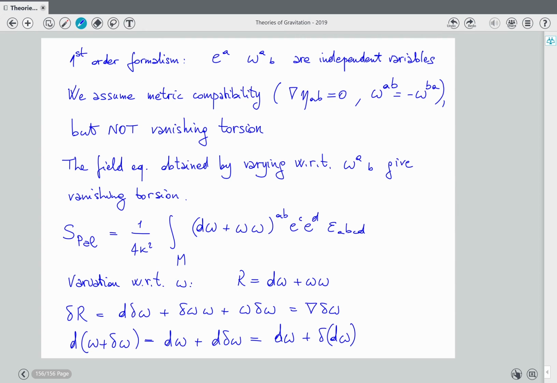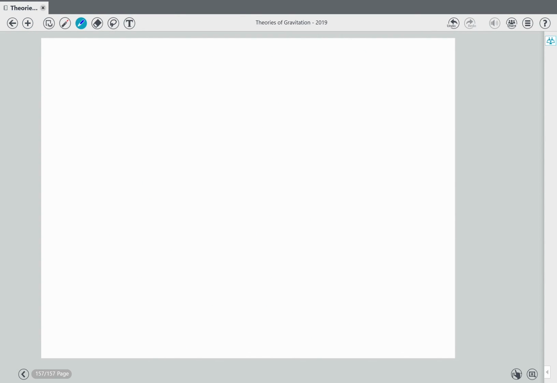Because let's remember the definition of covariant derivative. Omega has two indices like that. So the definition of covariant derivative says that as far as the left index is concerned, which is raised, you have an omega. So this is the covariant derivative of delta omega.